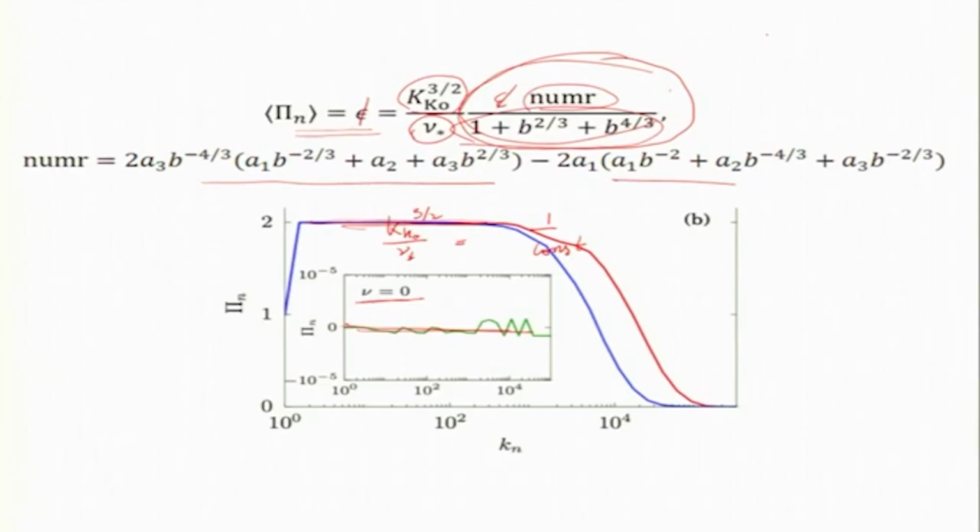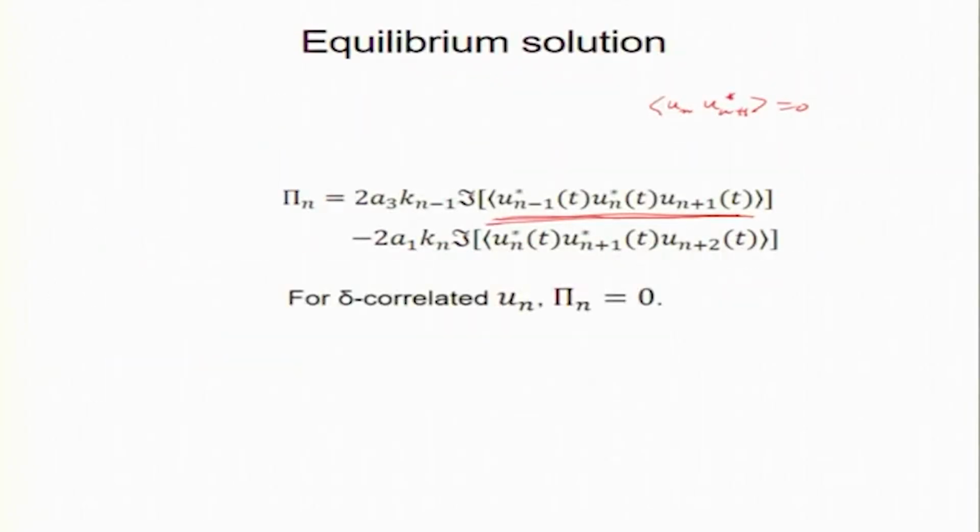So, it turns out for the Euler equivalent, these give you 0. So, flux is 0, and it is possible because u_n are all delta correlated, they are all white noise basically. Even the triple correlations remain Gaussian, they are not quasi Gaussian.